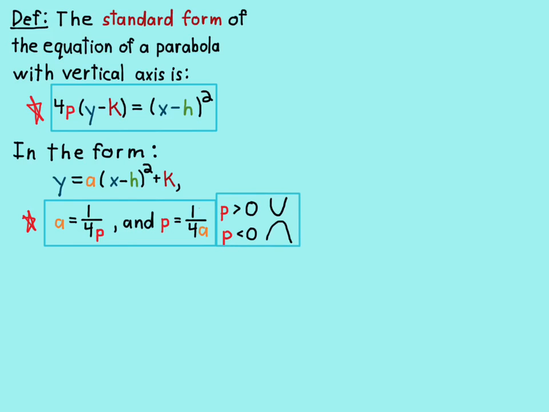If p is greater than 0, then the parabola opens up. If p is less than 0, the parabola opens down, the same as a. Of course, if p is positive, then a will be positive, as you can tell from these equations. And if p is negative, a will be negative. So that's why that works.